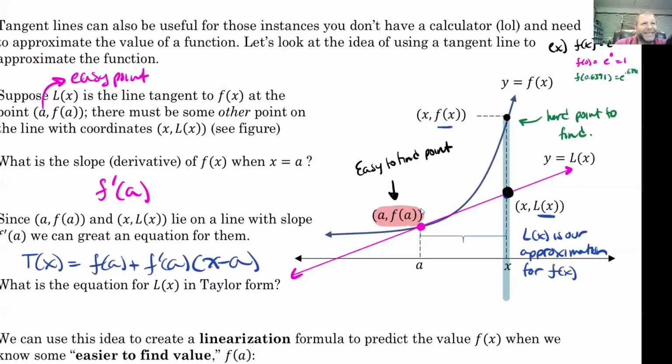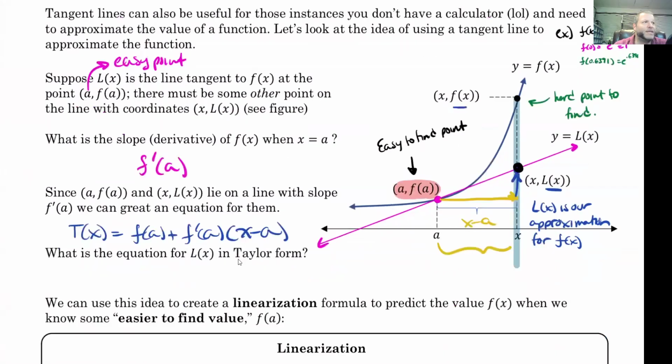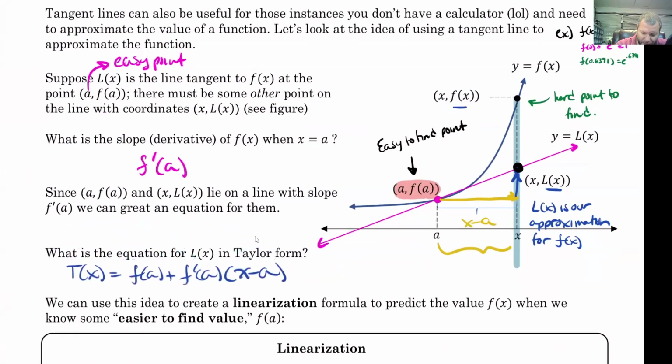If I just look at these equations, we can see where Taylor's form might help us out here. This difference between a and x is simply x minus a. So if I start at a, f of a and go over x minus a, I'm going to go up f prime of a times that, because that's what our slope is. We're going to end up with this form right here. So I technically should have written this right down there.